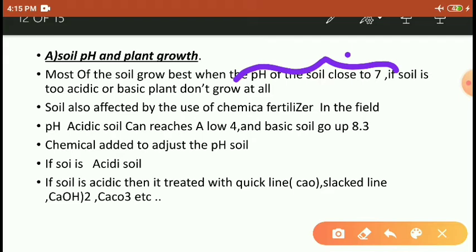The soil fertility also decreases or increases by using chemical fertilizers.